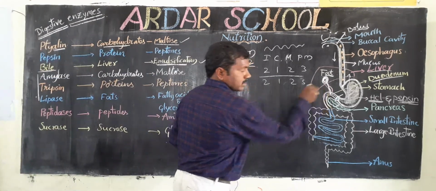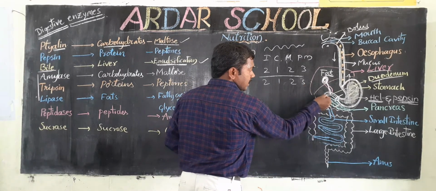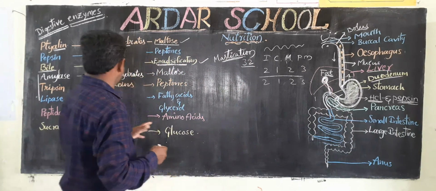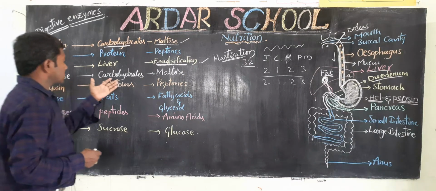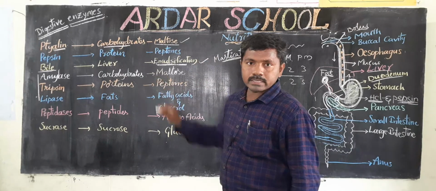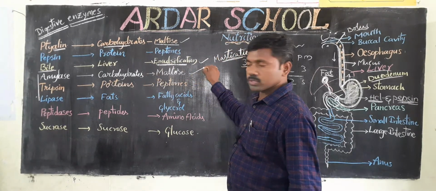Here bile juices and pancreatic juices, those two, are released into the duodenum. Okay children, in the duodenum, amylase acts on carbohydrates. It turns them into maltose.